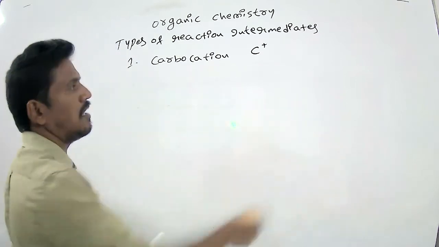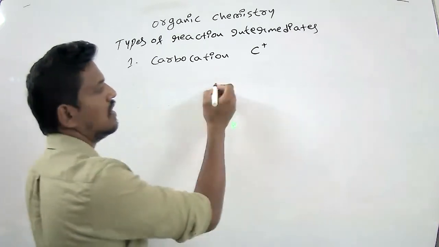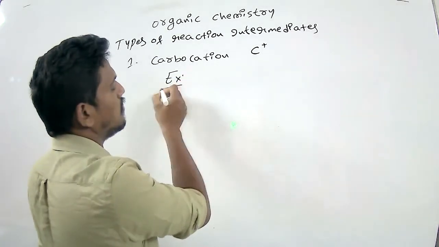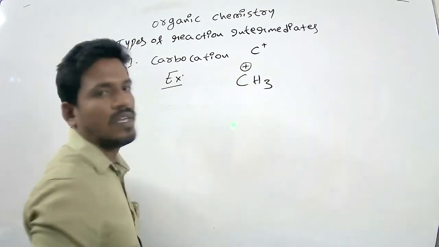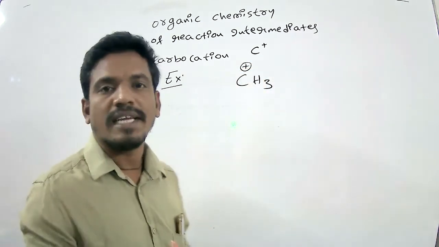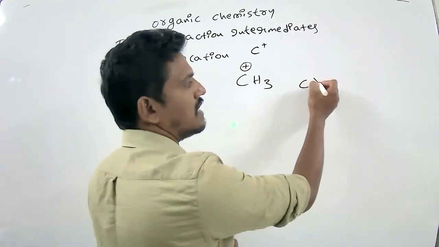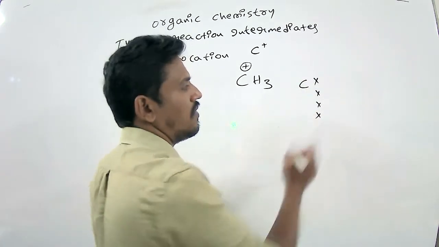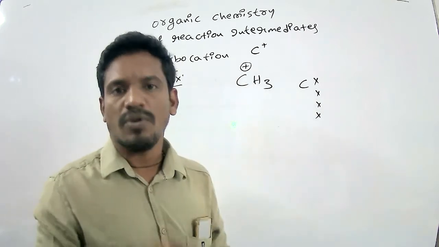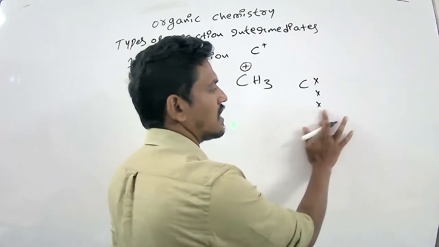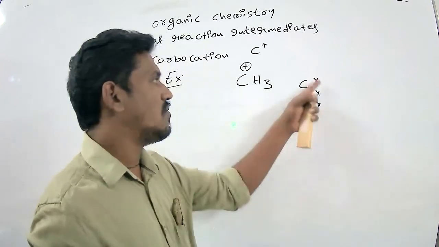So the first reaction intermediate we wrote is carbocations, where carbon has a positive charge. The simple example is a carbocation where one carbon has a positive charge like this. Now the carbocation's hybridization can be predicted. Carbon is the central atom and its group number or valence is 4. Out of 4 electrons, the central atom has a positive charge, so I am removing 1 electron from the valence electrons.